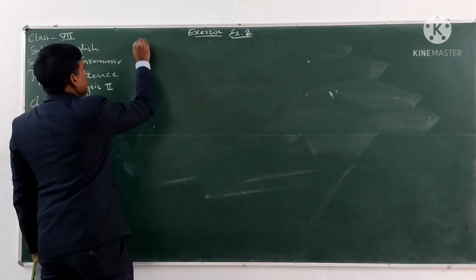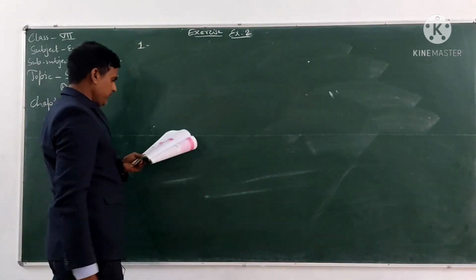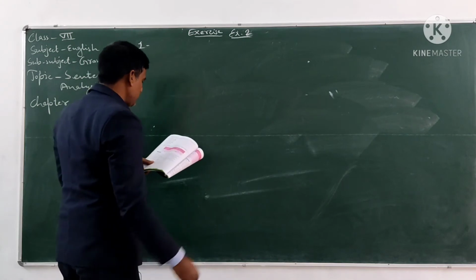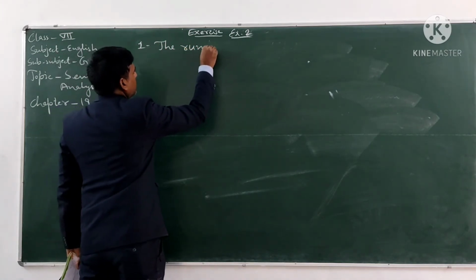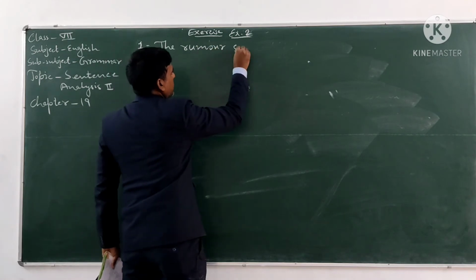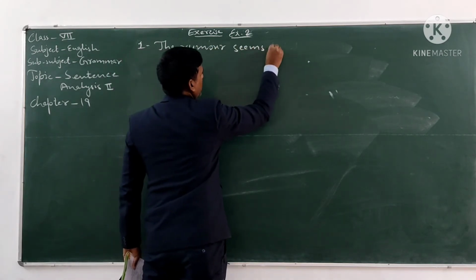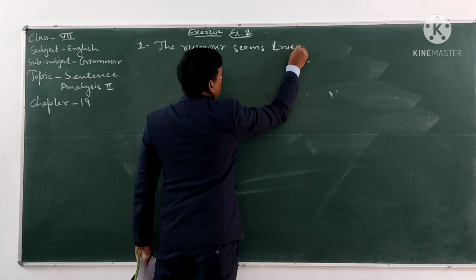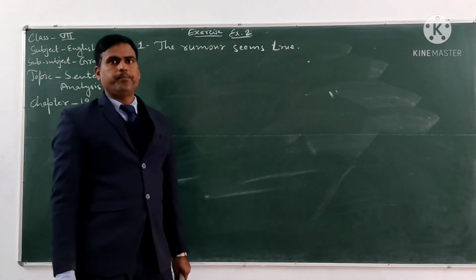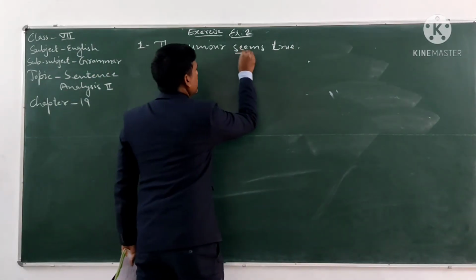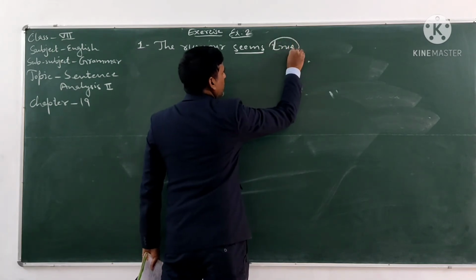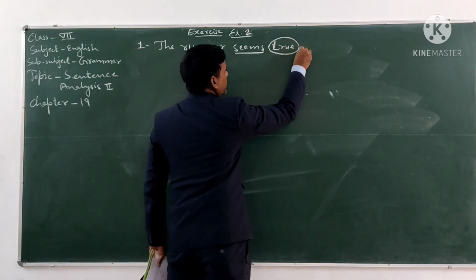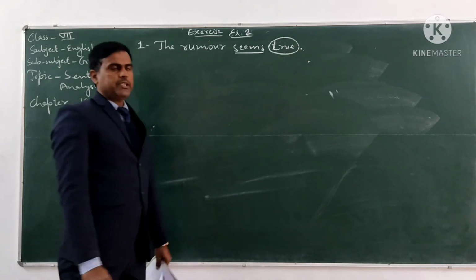The first sentence is: The rumor seems true. In this sentence the verb is seems, so we have to underline it, and true is the complement, so we have to circle it. Now see sentence number 2.